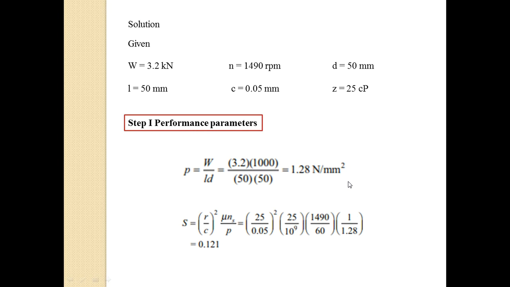Now next, we have to find out the Sommerfeld number. S is nothing but the Sommerfeld number. S is equal to R divided by C, bracket square, into mu into Ns divided by P. Here R is the radius, C is the clearance, mu is the coefficient of viscosity, Ns is the speed, and P is the pressure.